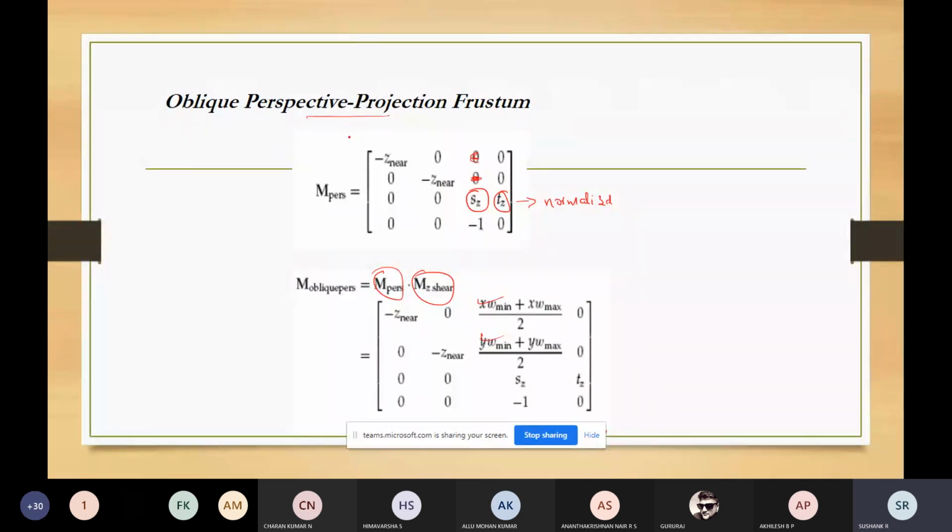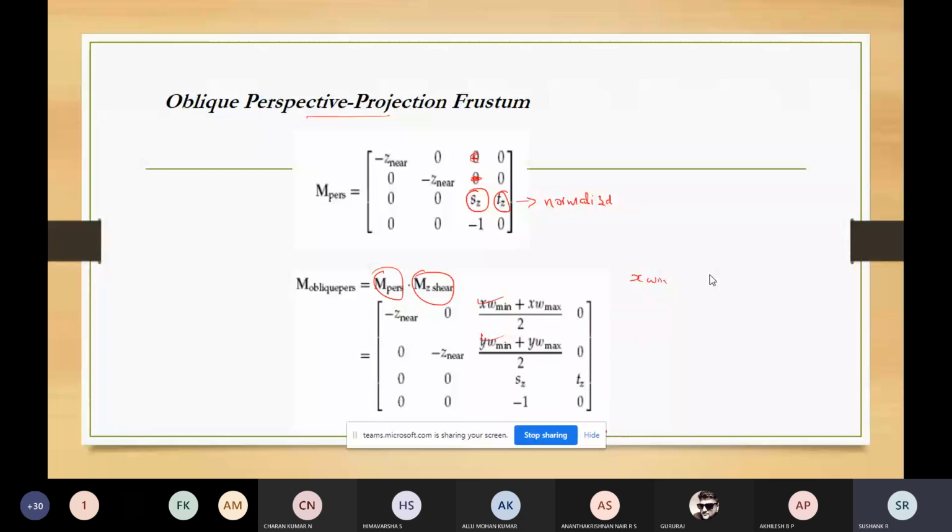So here you can also choose this X window. You can also simplify with X window maximum with the X window minimum, and Y window maximum with the Y window minimum, so that the frustum view volume will be symmetric, and the projection reference point will be at the origin.